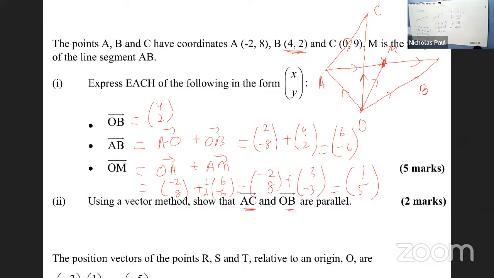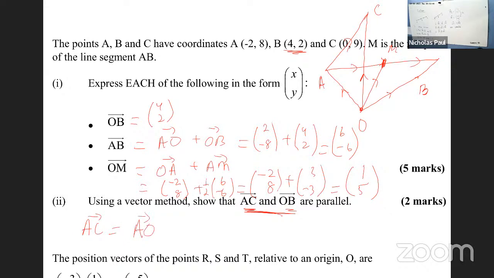Last part, show AC is parallel to OM. Sorry, OB. So we know what OB is. So what do I need to find again? Jacob, to work out this last part here, we have to find AC.